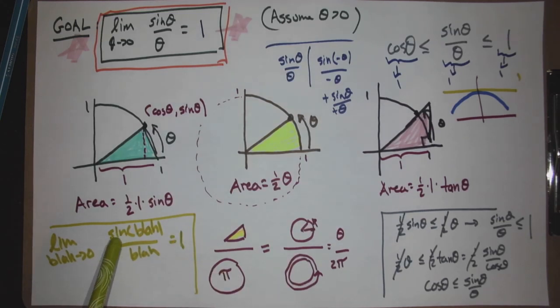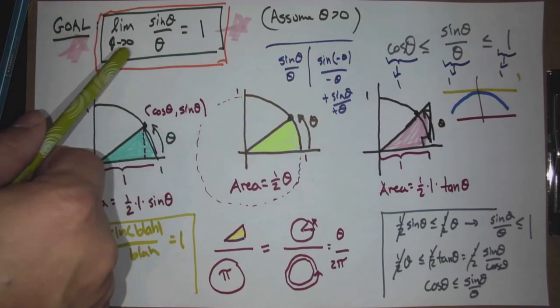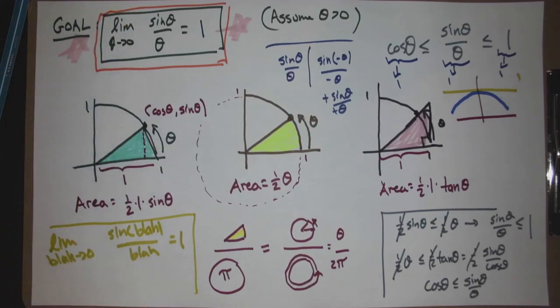As long as what's inside the sine matches what's below it, and the things are going to 0, you go to 1. All right. Now, why is this an important limit? Well, because it bridges trig functions with polynomial. And that's going to be an important bridge as we go forward. Okay. So, a quick example.